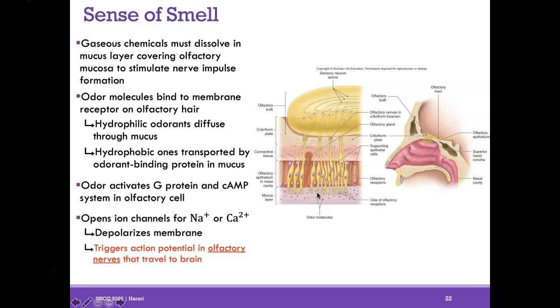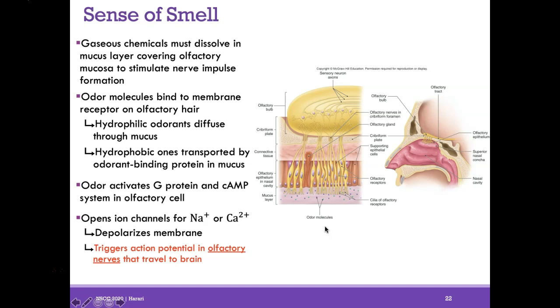It diffuses through the mucus, interacts with this olfactory receptor, and in response to binding to that vanilla odorant receptor, it allows sodium inside, because a G protein was activated and cyclic AMP built up, and it opened sodium channels that allowed sodium inside this receptor that depolarizes it. And this could then cause an action potential in these sensory neurons of the olfactory bulb.